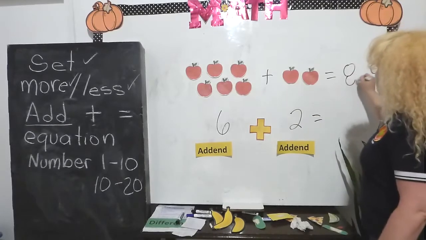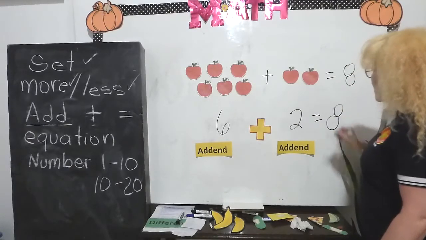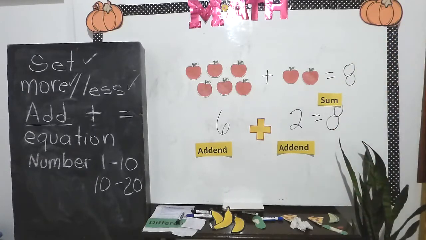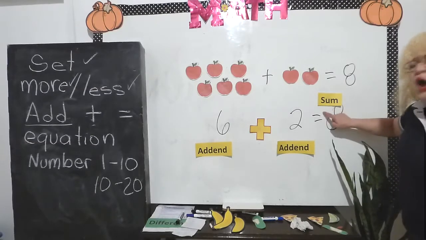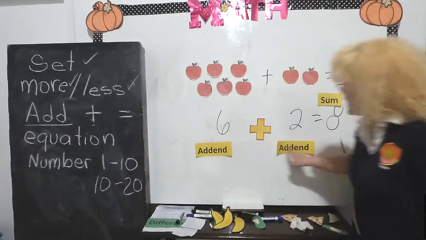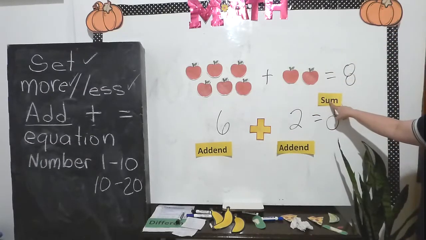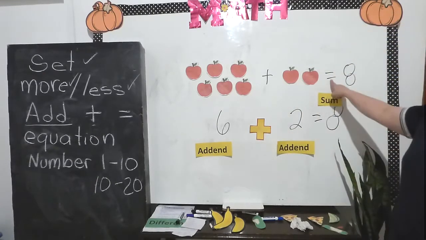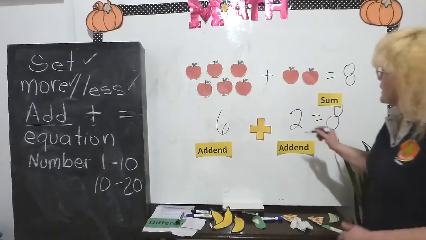It's 8. And how do you call the answer? You call it sum. Addend, plus, addend, equals, sum.